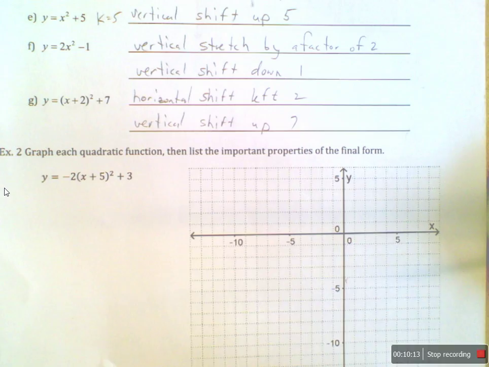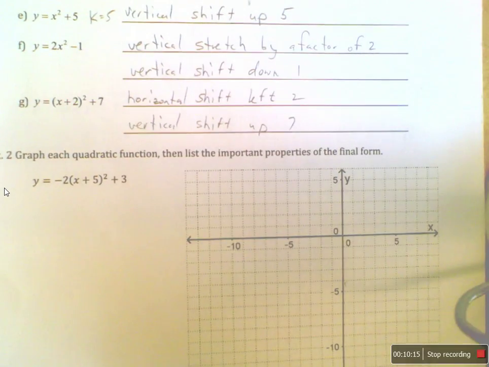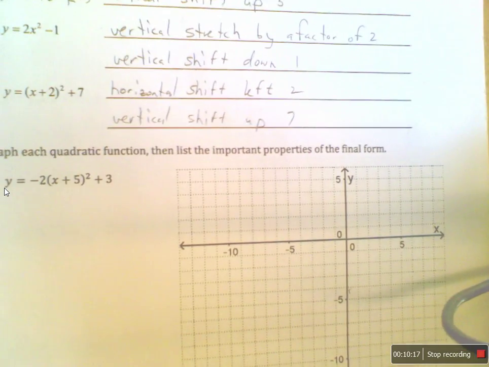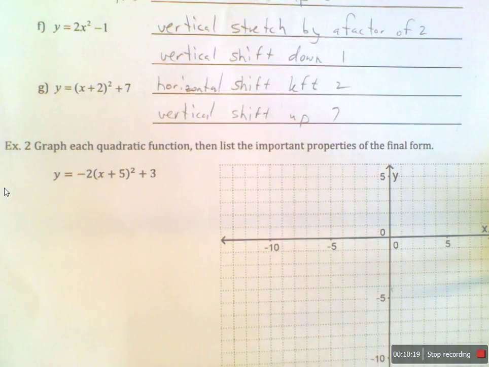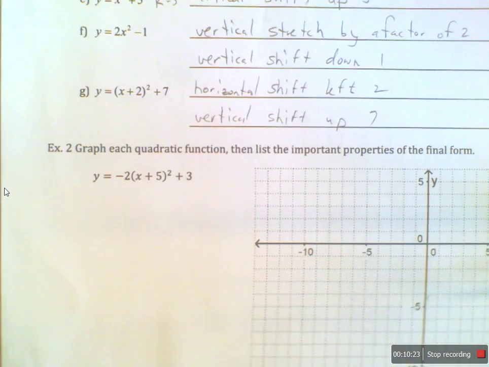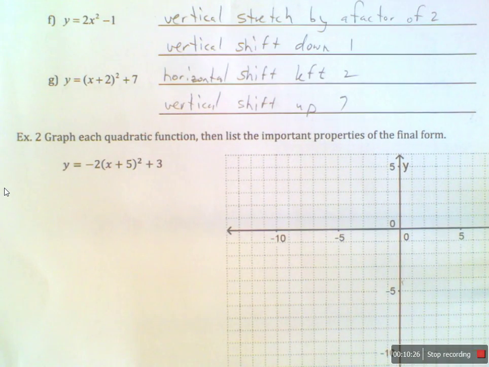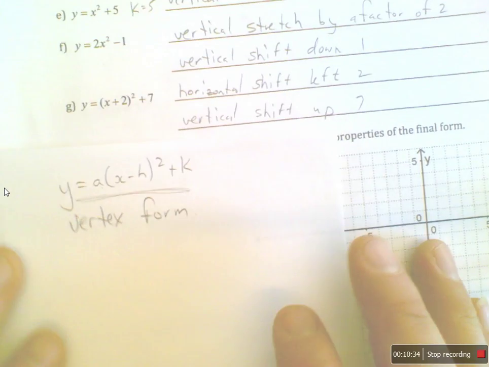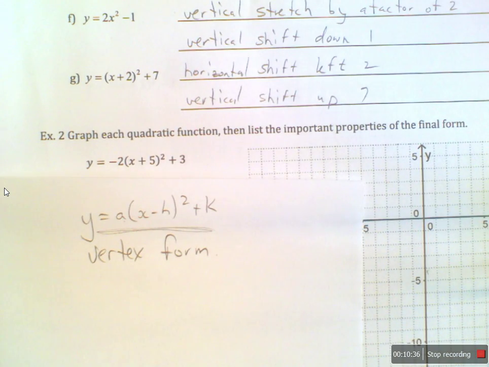Okay, we're going to take a look at example 2. Graph each quadratic function, list the important properties of the final form. So you can go ahead and write that out. You might need a piece of graph paper to do this, so I'll give you a second to get the graph paper out.